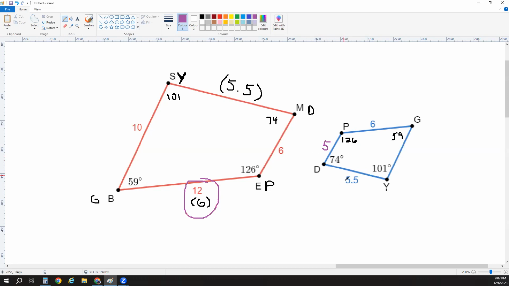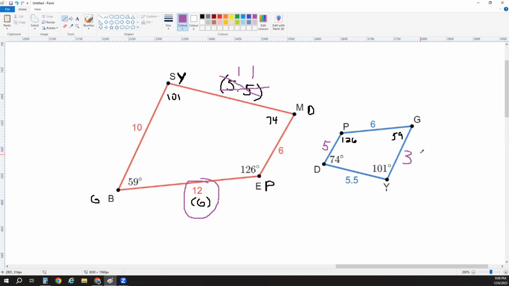This one, we know those up here, right? So this one is going to be not 5.5, it's going to be double, it's going to be 11, right? 5.5 times 2 is 11. This one is going to be half as much as that, so that one will be 3. All right, so that's not too hard. I can do all that in my head because 12 divided by 6 was 2.